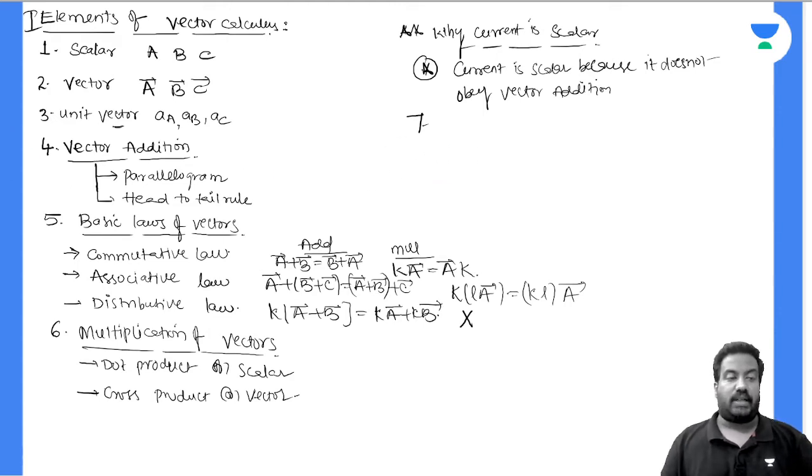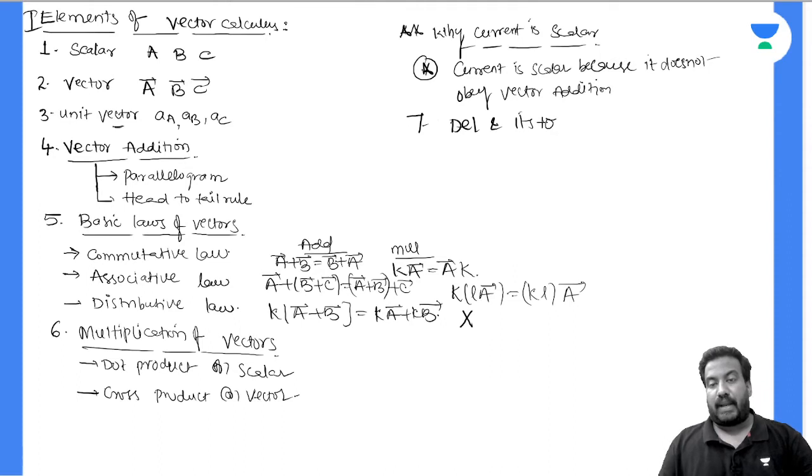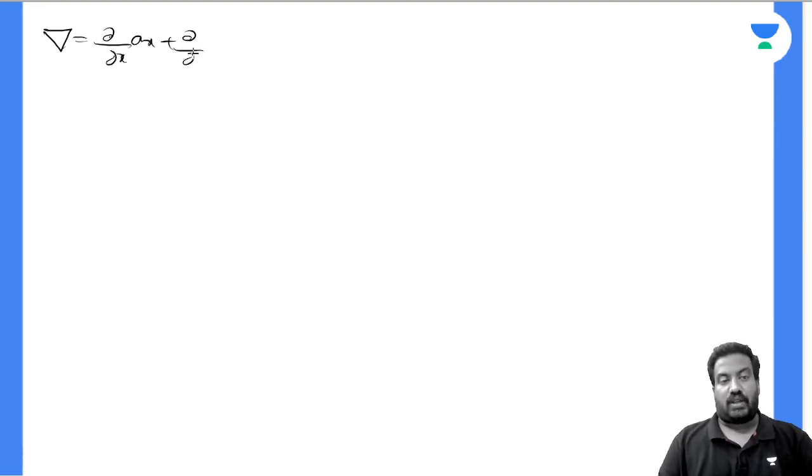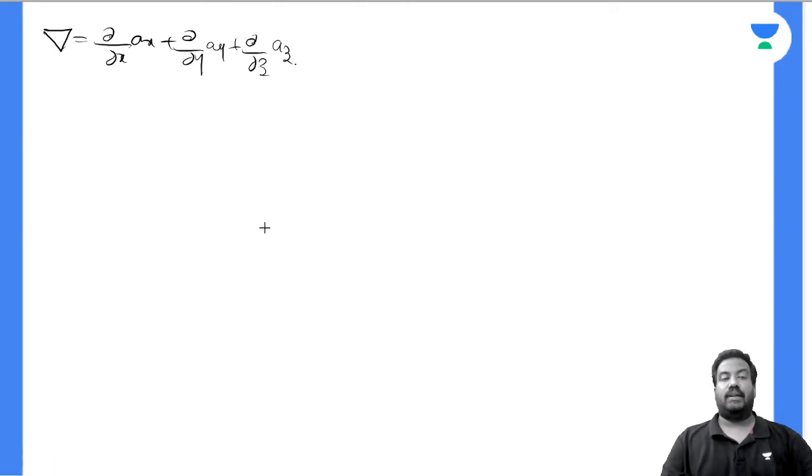Seventh one, we had also learned the quantity del and its properties. These properties are also very, very important here. Del represents the inverted delta. It is given by dou by dou x of ax plus dou by dou y of ay plus dou by dou z of az in Cartesian coordinate system.